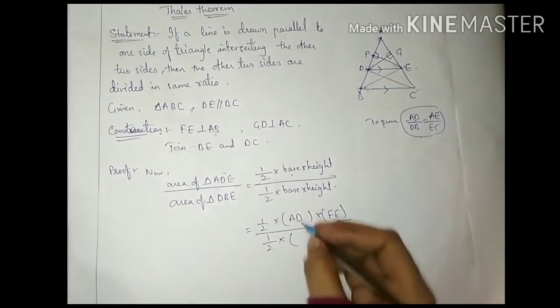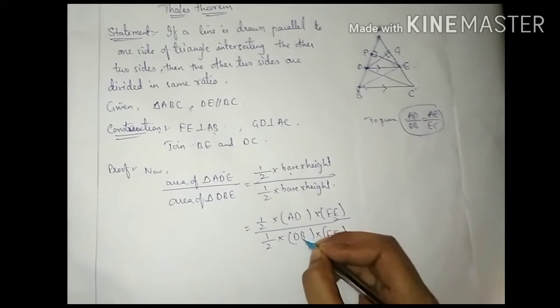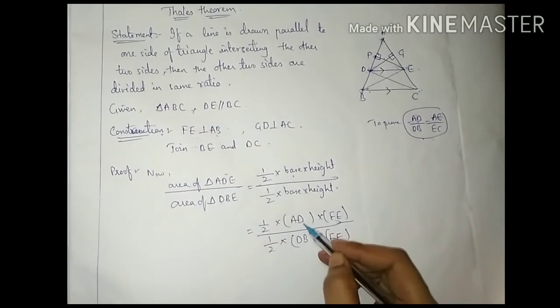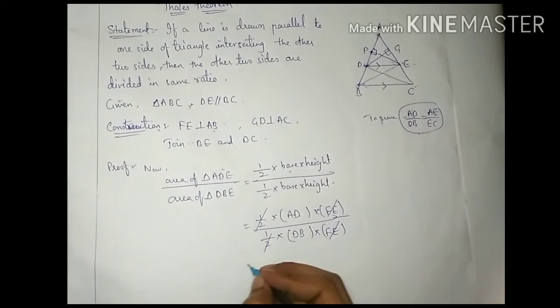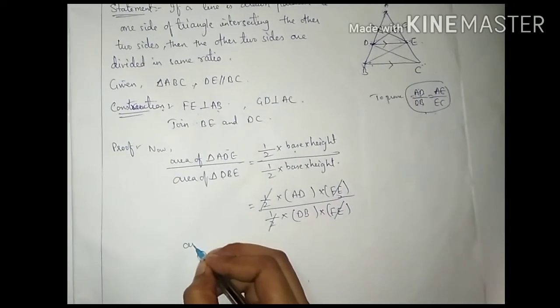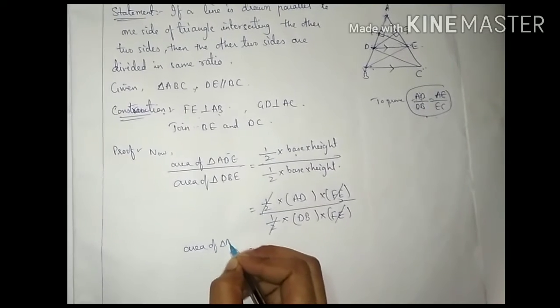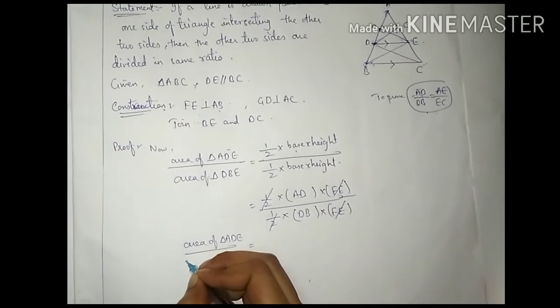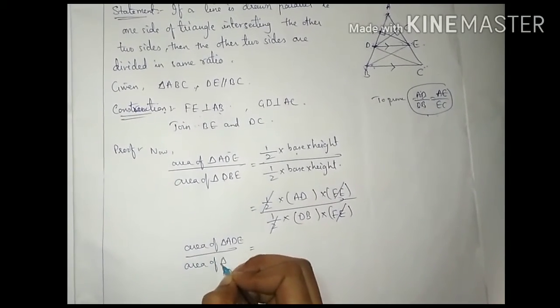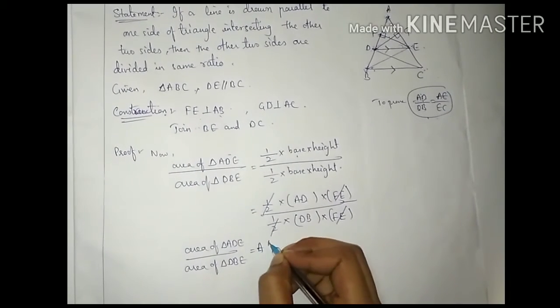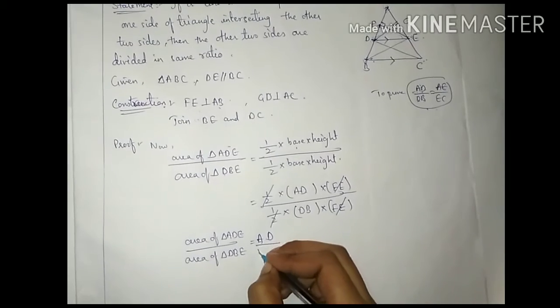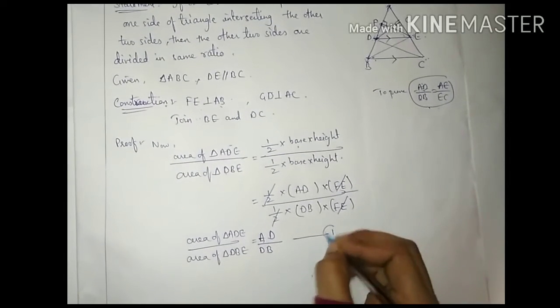Now here the base we are taking is DB. So 1 by 2 gets cancelled, FE gets cancelled. You will get area of triangle ADE by area of triangle DBE is equal to AD by DB.